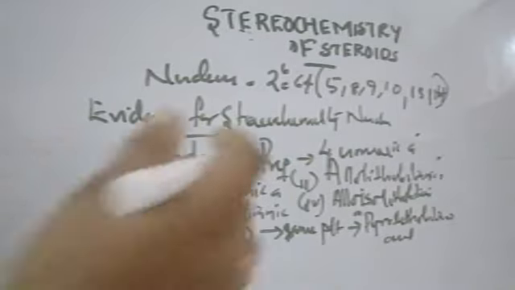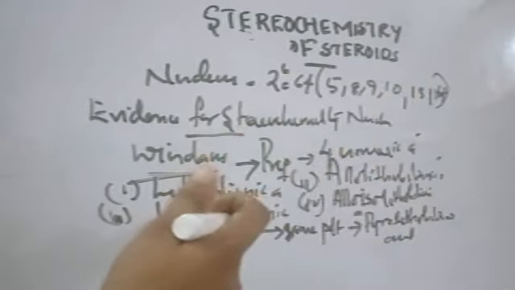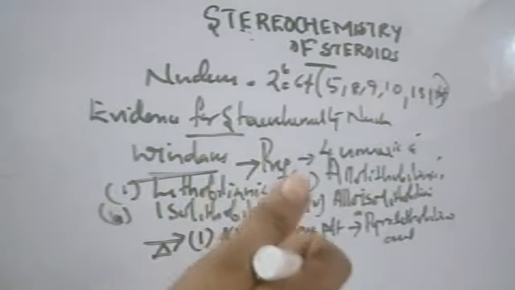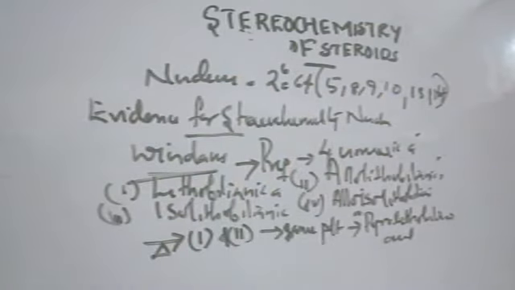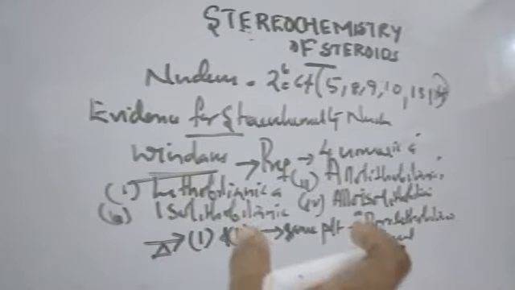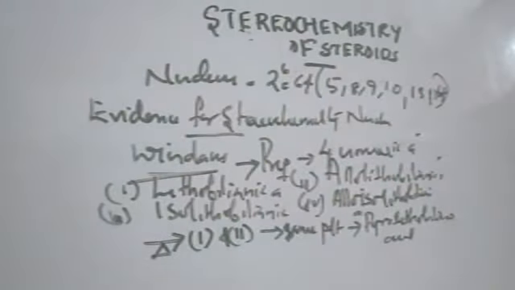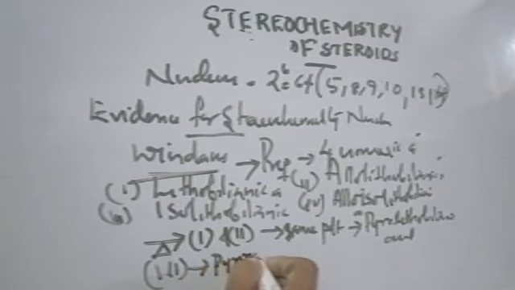He proposed the preparation of 4 isomeric acids: lithobilianic acid, allolithobilianic acid, isolithobilianic acid and alloisolithobilianic acid. On heating they found that the first and second, lithobilianic acid and allolithobilianic acid, give the same product, pyrolithobilianic acid. The third, isolithobilianic acid, will give pyroisolithobilianic acid.